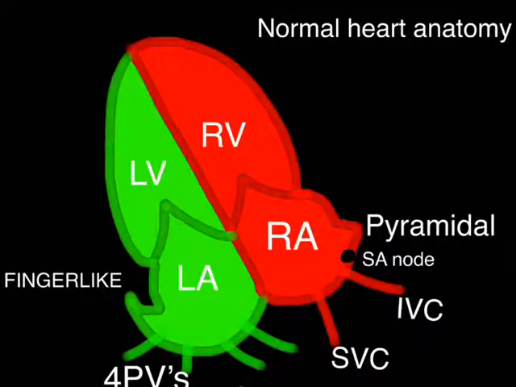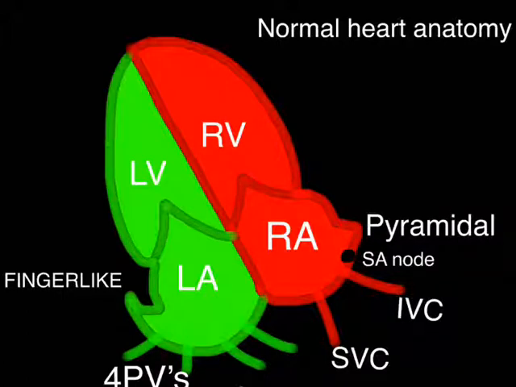Now I will explain the normal anatomy of the heart. There are four chambers in our heart. Two are on the left side and two are on the right side. On the right side, there are two chambers, right ventricle and right atrium.